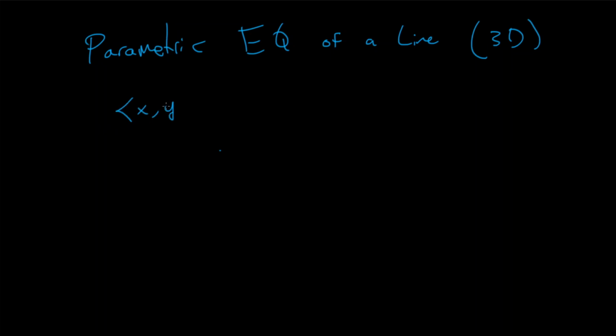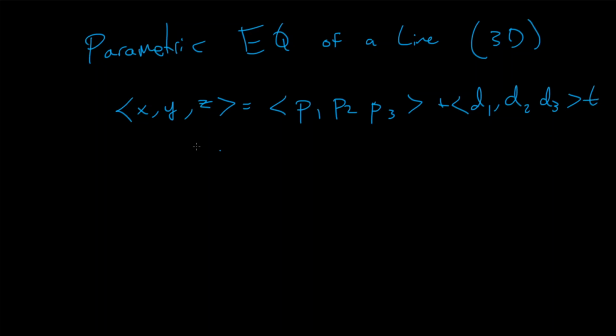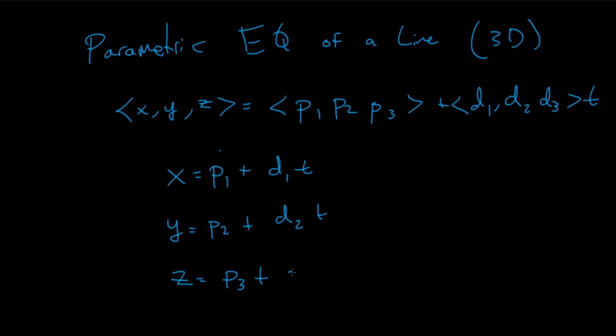So if the vector equation is x, y, z is equal to some position vector p1, p2, p3, plus some direction vector d1, d2, d3 times a constant, then the parametric equation just cascades from this. x is equal to the x coordinate of the position point plus the x coordinate of the direction vector times t. y is equal to p2 plus d2t, and z is equal to p3 plus d3t.